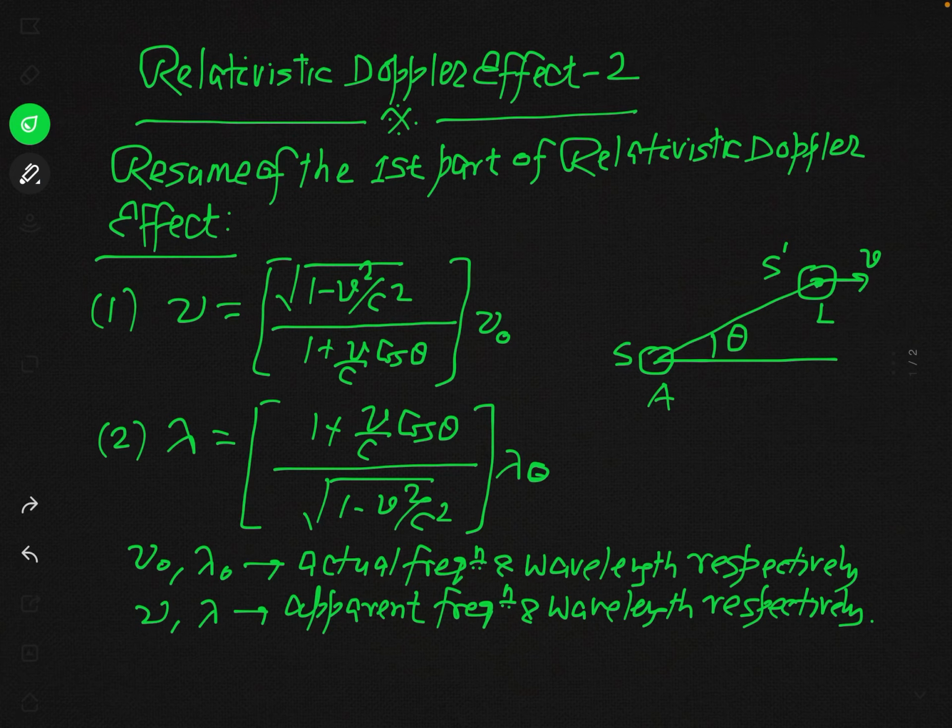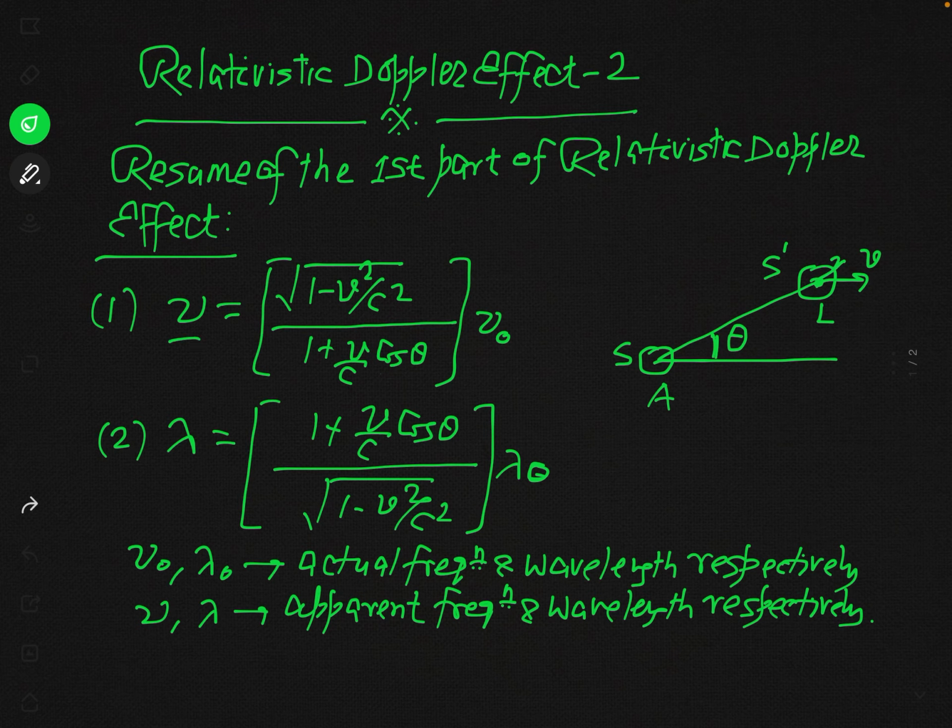So there was a relative velocity between the source and the observer, which is v, and the observer observes the light wave emitted from the source at an angle theta. It means theta is the angle made by the position vector of this source of light with the velocity vector of the source.